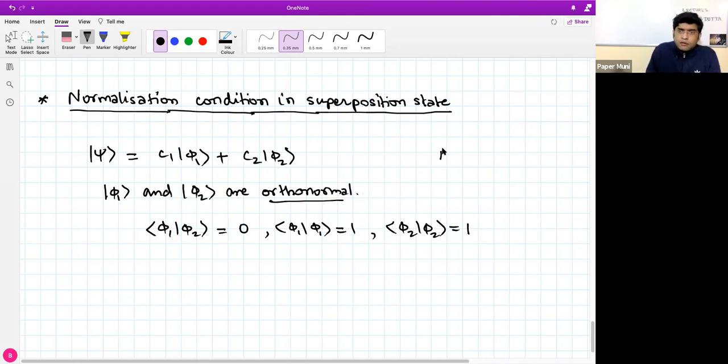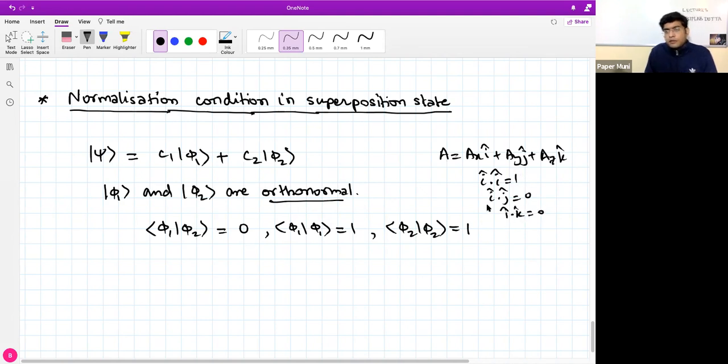The same thing applies when you write a vector: ax i cap plus ay j cap plus az k cap. You can write like this only because i and i is 1, i and j is 0, i and k is 0. Otherwise you won't be able to write this vector in this format. So the orthonormality condition is very important in this case.